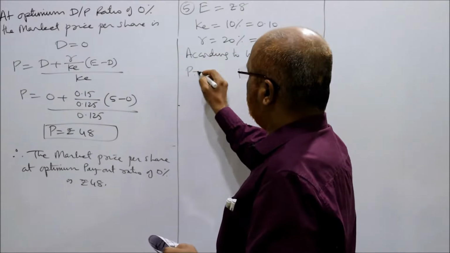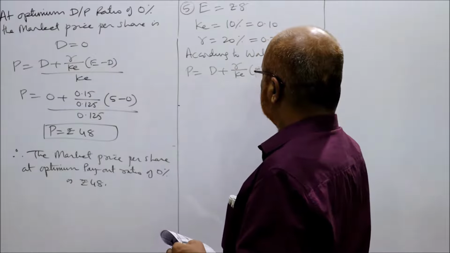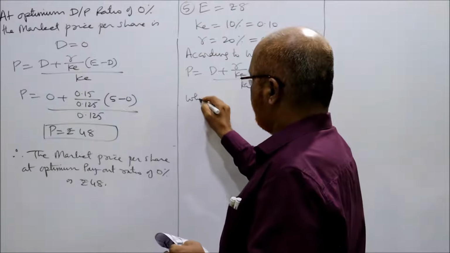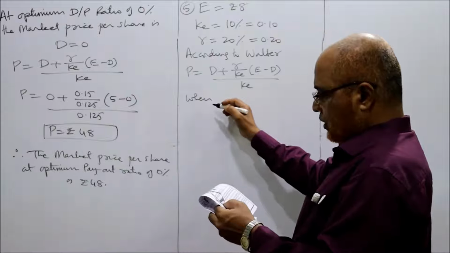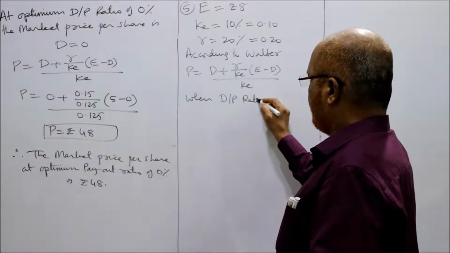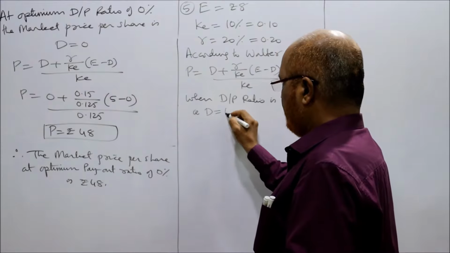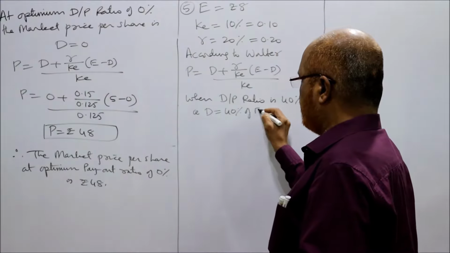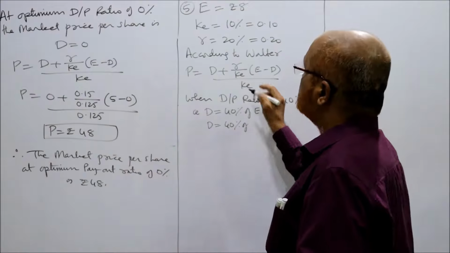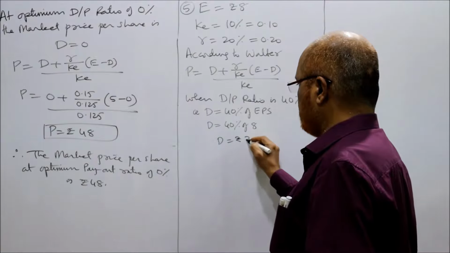According to Walter, P is equal to D plus R by KE into E minus D. When the DP ratio is 40%, D is equal to 40% of EPS. D is equal to 40% of 8, rupees 3.2.